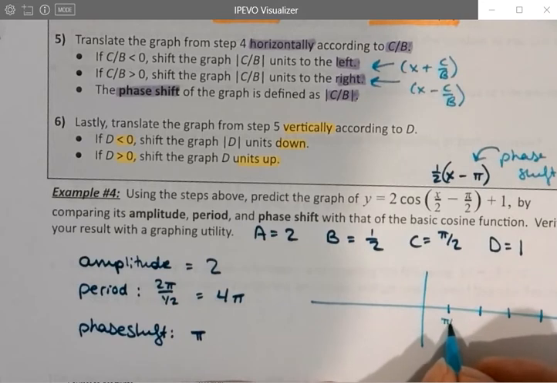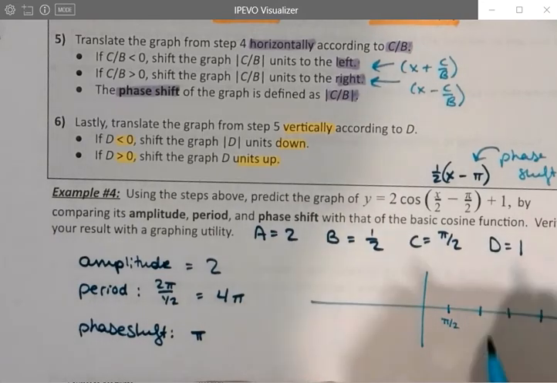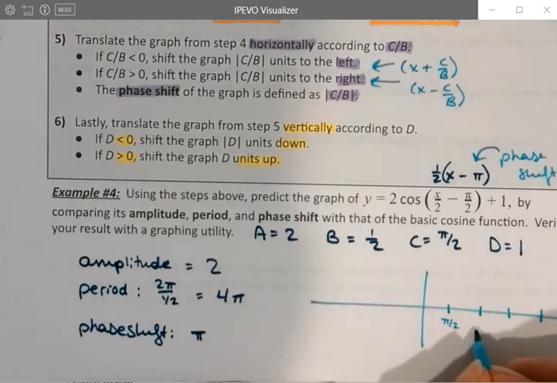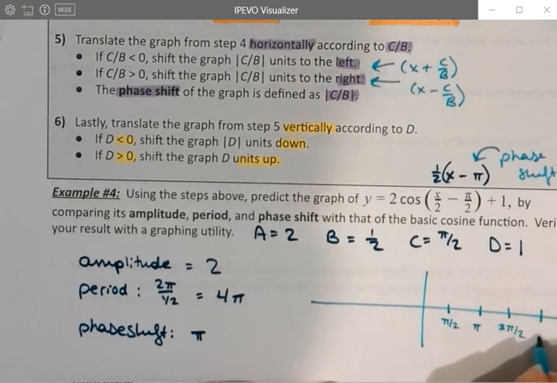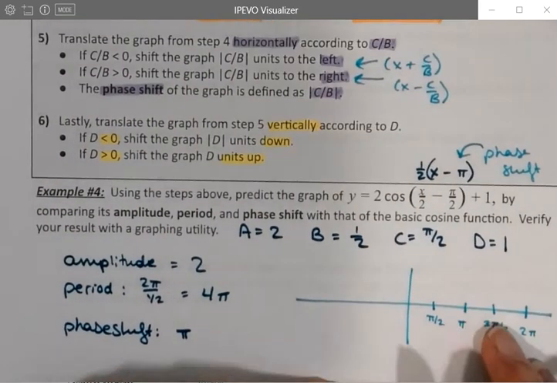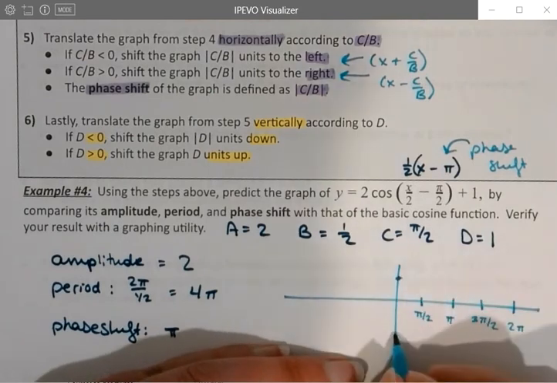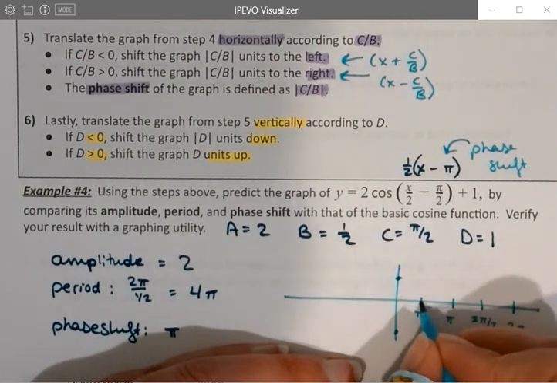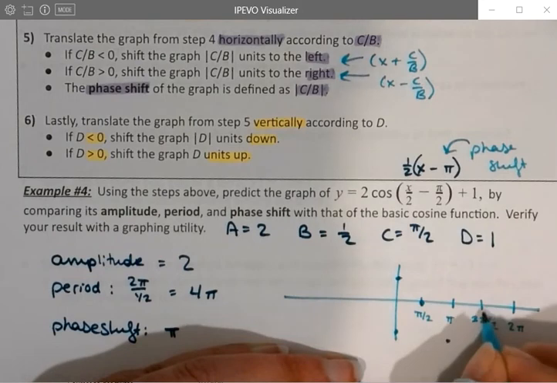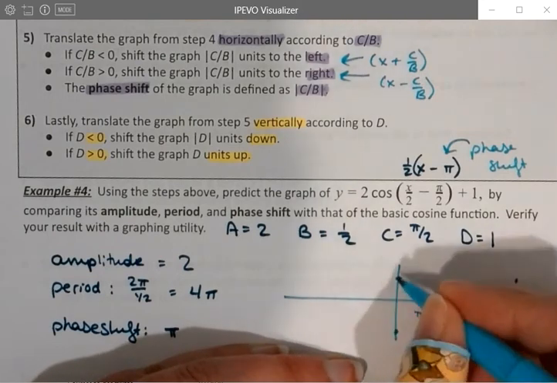I'm going to label all of them this time. So we've got our pi halves, we've got our pi, we've got 3 pi halves, and we've got 2 pi. I'm just going to draw the positive side for now. So it starts up at 1 and then goes through 0, down to -1, back to 0, back to 1.